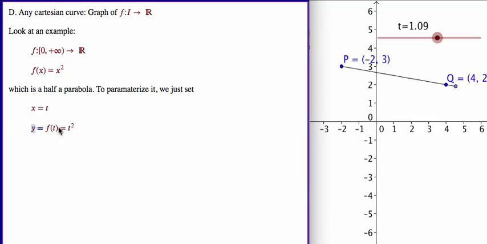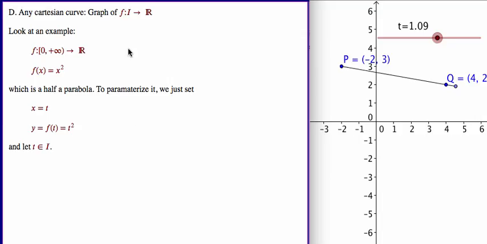So in the general case, we just stop here, y equals f of t. In this specific example, it's t squared. So notice, x is t and y is the square of the x value, whatever it is. So we have successfully parameterized the parabola. And t, of course, has to be in the interval I, which in this case would be the half of the real line.